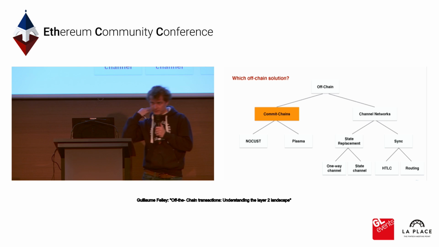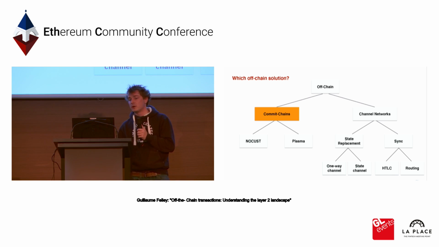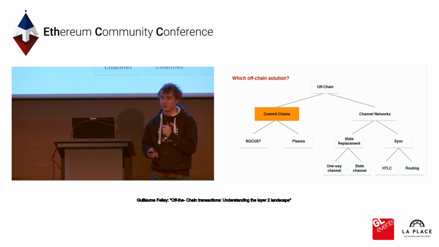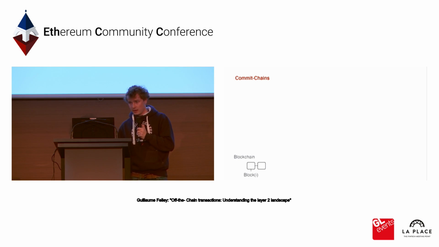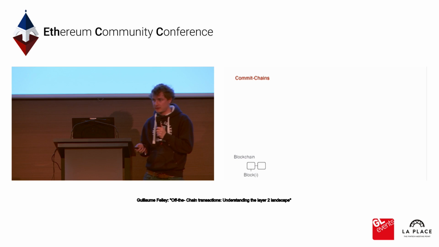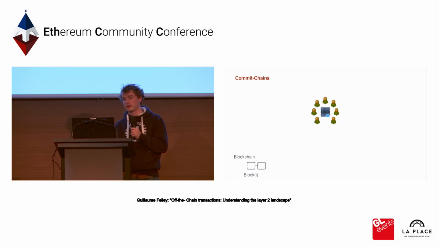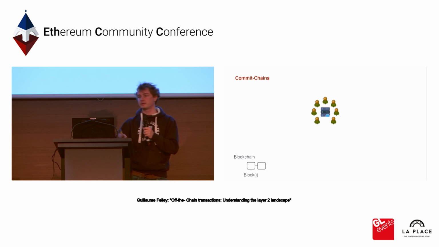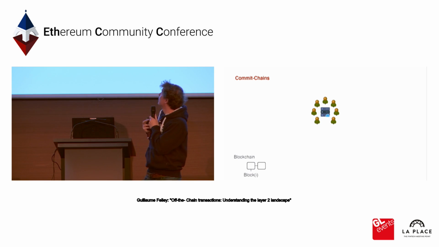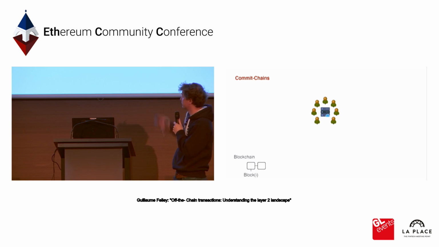All right, so on the other side now, we have commit chains. The two most well-known commit chain constructions are NOCUST and Plasma. The way a commit chain works, you have a server in the middle, which we call the operator, and you have users around.